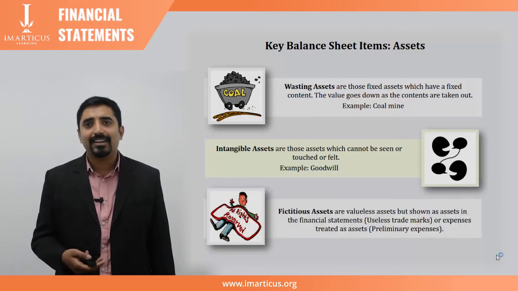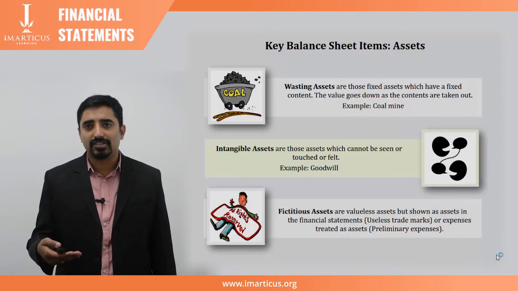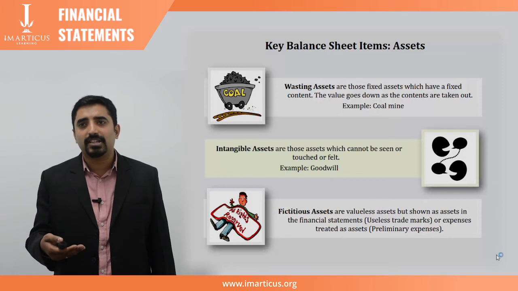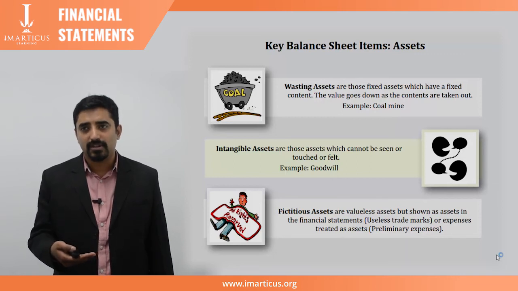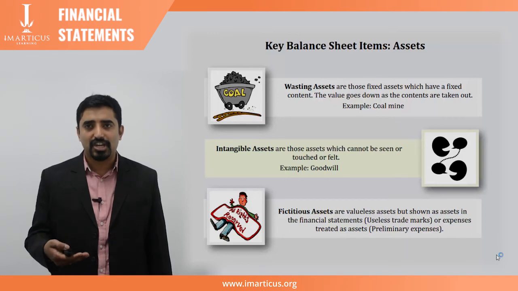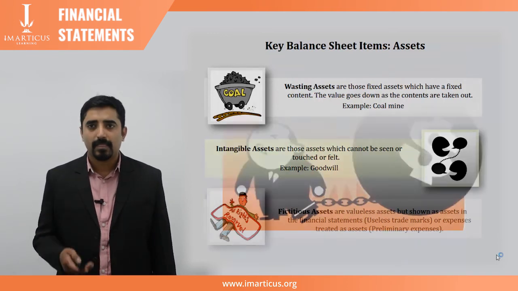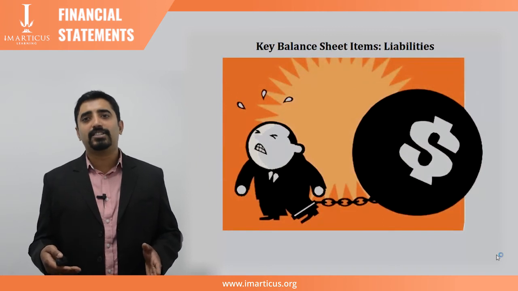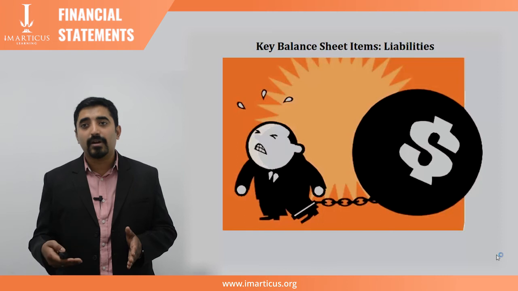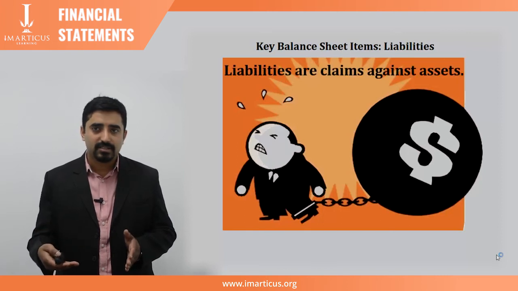Next, finally, let's talk about fictitious assets. These are valueless assets but shown as assets in the financial statements, such as trademarks or expenses treated as assets, such as prepaid expenses. The flip side of assets is liabilities. Liabilities are claims against the assets.